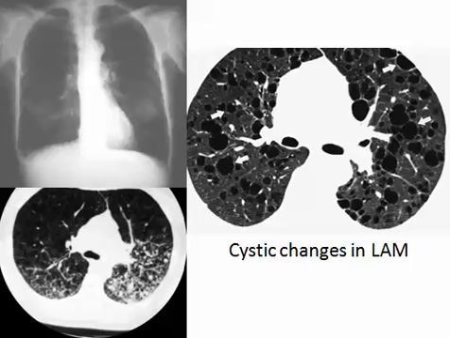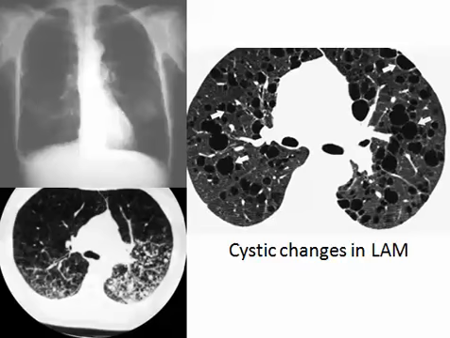So in lymphangiomyomatosis, it is mainly the extensive centrilobular pattern affecting the middle and lower lung zones, or diffusely affecting the lung.